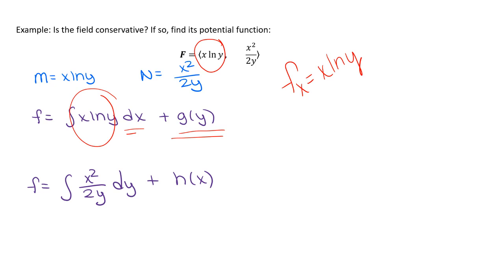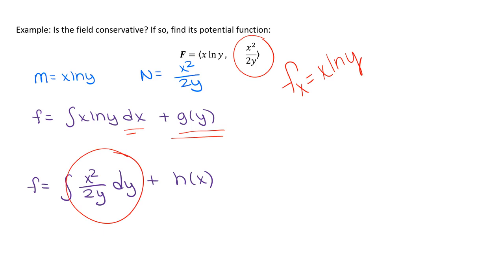But we will see those terms when we integrate our N with respect to y. So we can integrate our N with respect to y, and then we may have additional terms that are functions of x, simply because when you take your partial derivative with respect to y, any terms that just have x's in them will disappear.